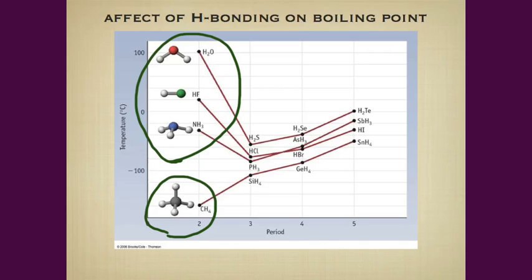So from that standpoint, you would think that maybe that would be the hardest thing to boil away. But what's happening here is the water, the hydrogen fluoride, and the ammonia are attracted because of hydrogen bonding. And this makes it more difficult for it to go from the liquid to the gaseous state, and therefore making the boiling points higher in these substances that have hydrogen bonding.